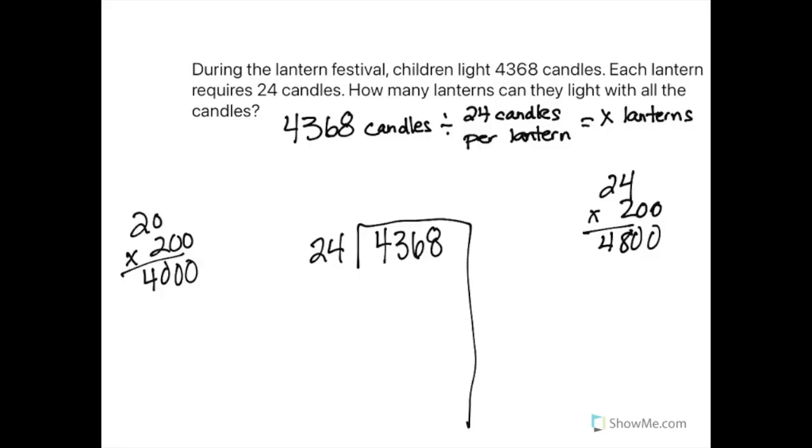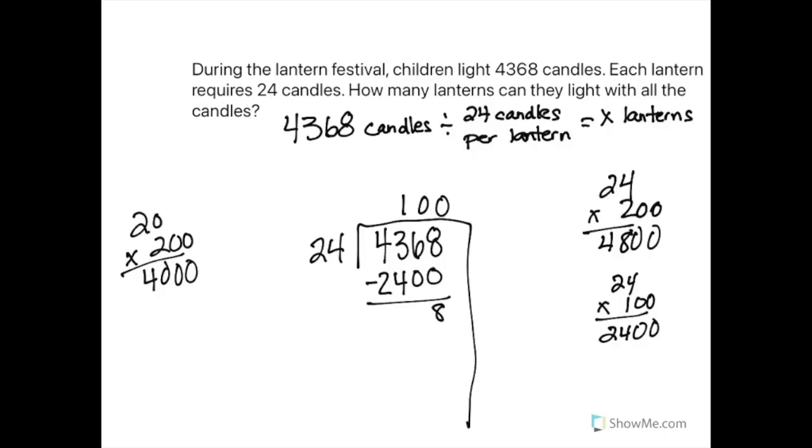So we're going to try just 24 times 100. Because 24 times 1 would be 24. Add a 0, it'd be 240. Add another 0, it would be 2,400. So we're going to write that, and we're going to subtract it here.